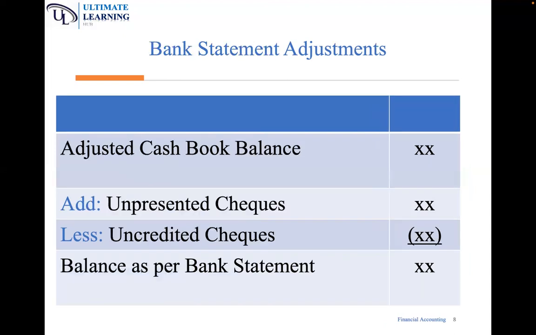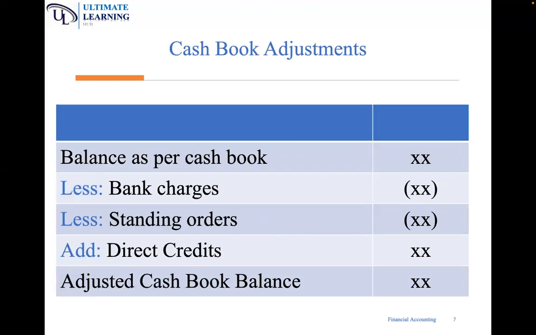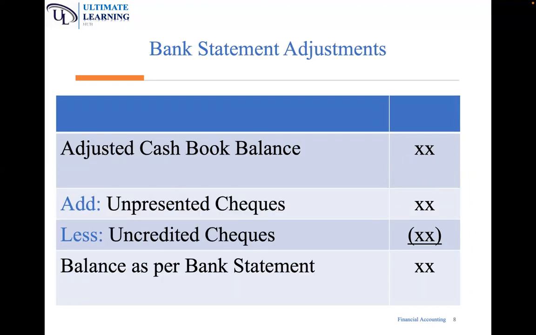Once you are done with the adjusted cash book, if we go back to this, the adjusted cash book balance, that amount is what now is taken and it starts the preparation of the bank statement. When you are adjusting the bank statement, you start with the adjusted cash book balance. Now, once you've carried the adjusted cash book balance, you add any unpresented checks.